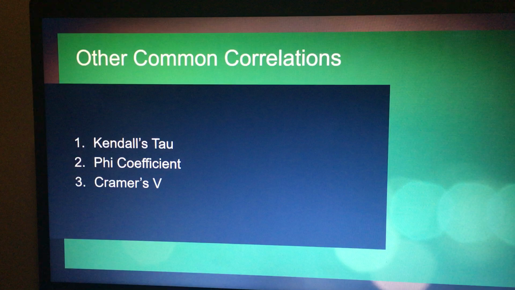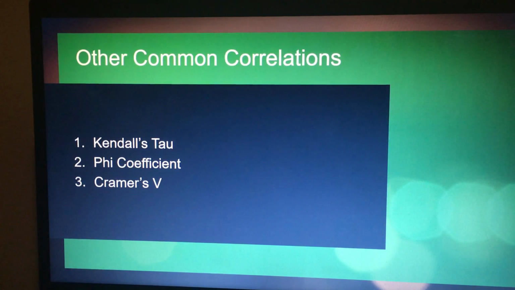Most statistical programs like JASP can calculate Kendall's tau. However, it is not used as frequently as Spearman's rho, so we're not going to go into details of how it's calculated here. The important thing to remember is that Kendall's tau is useful when you have ranked data and you want to see how two sets of rankings compare, especially if your data set is small and has many ties.